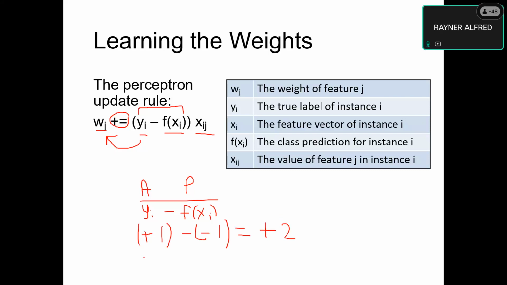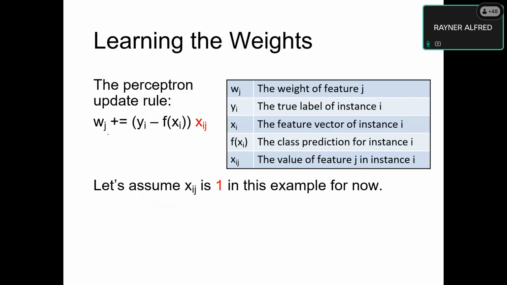But if the actual one is negative, because this will move your symbol negative here to be positive. But if your actual class is negative, a negative sample, but your predicted value is this, so you will get -2. That means you will update your weight to be minus.